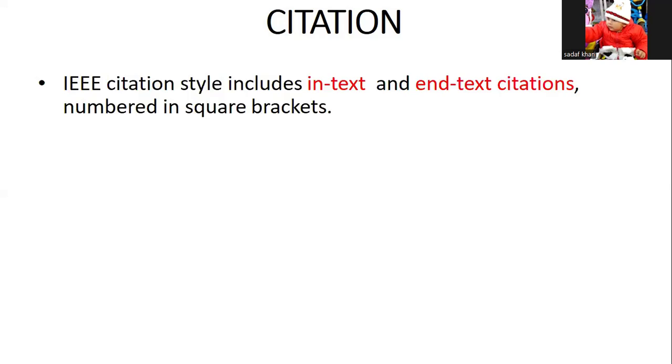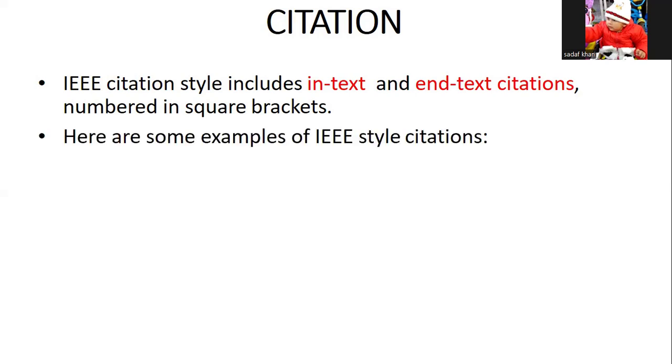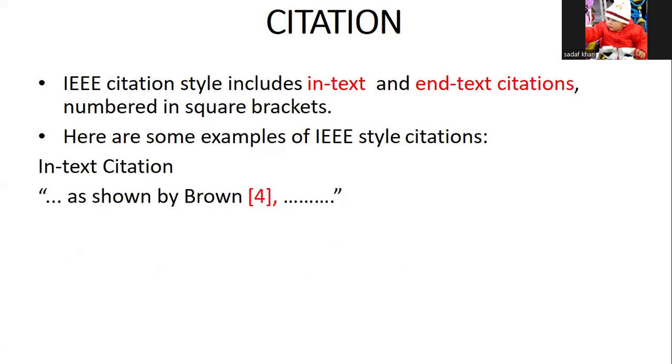Now let's see, when we talk about citation, IEEE citation style includes two types of citation, in-text and end-of-text, and they are numbered, with numbers used in square brackets. Here are some examples of IEEE style in-text citation. In in-text citation, the citation is within the text.